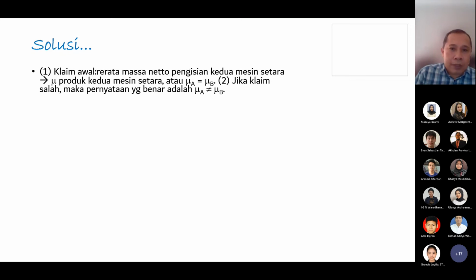In mathematical form, mu A equals mu B. And if this claim is wrong, then the statement that will become true is, of course, the logical complement, which is mu sub A not equal to mu sub B.